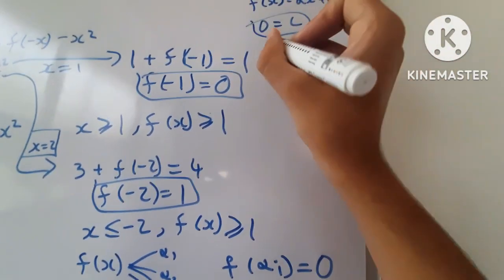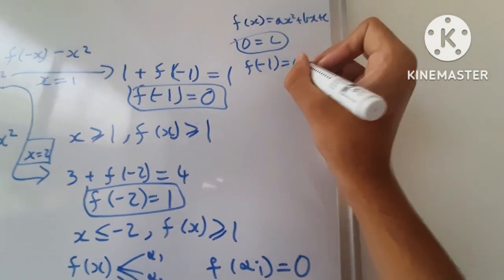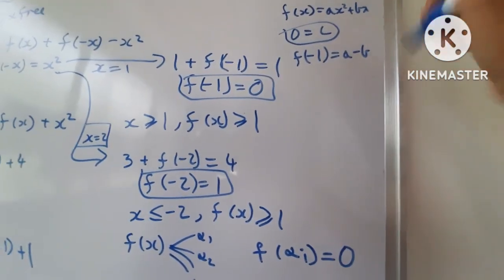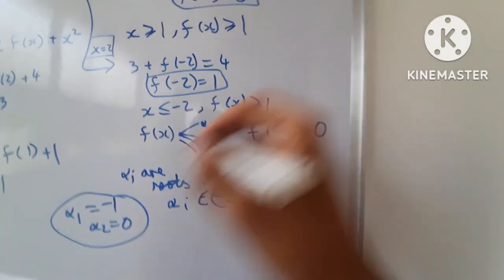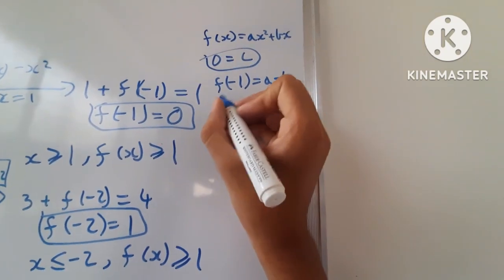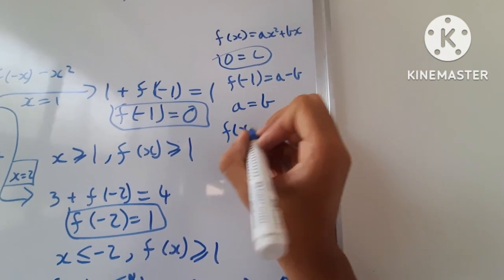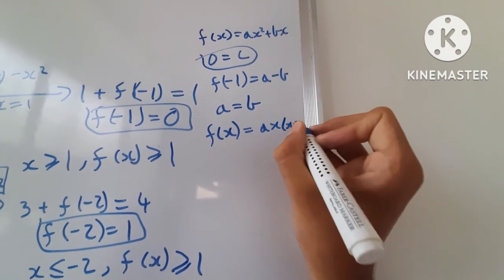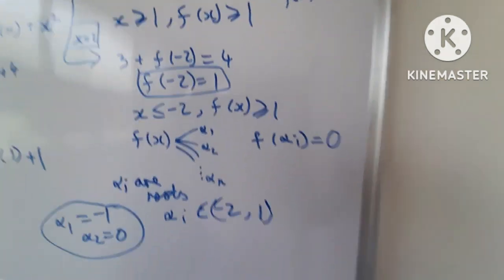And then we plug in x equal to -1, we get a minus b plus c, but c is 0 now, so bye bye. But f of -1 is also 0, we found that out here, so a is equal to b. We found that f of x is equal to ax times x plus 1.